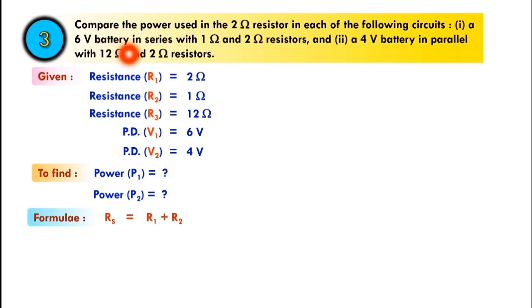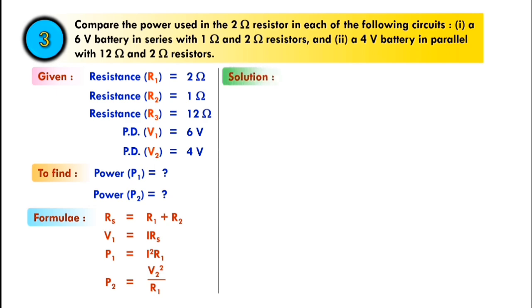Since the first circuit is connected in series, we can find the value of RS. Second formula is V1 equal to I into RS, that is Ohm's law, right? Third one is P1 equal to I square into R1, and fourth one is P2 equal to V2 square upon R1.